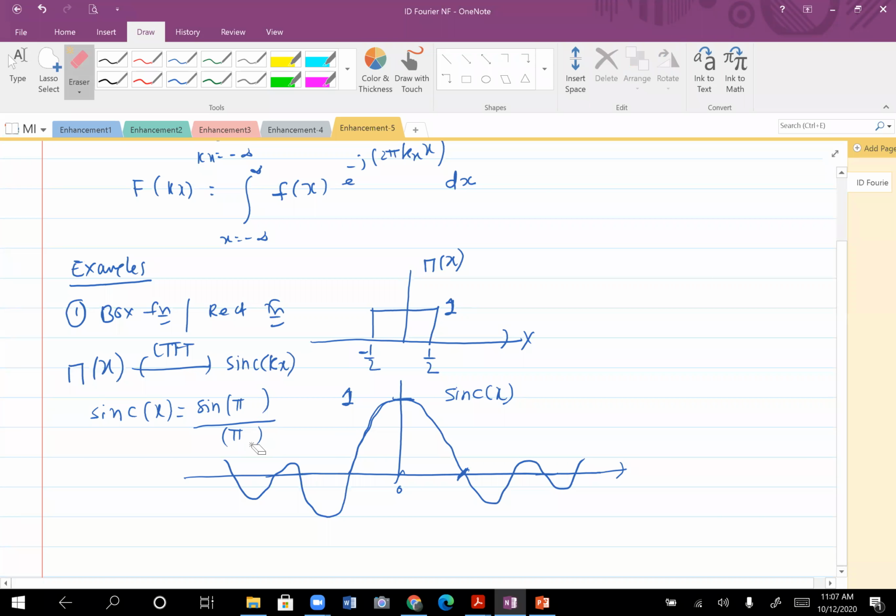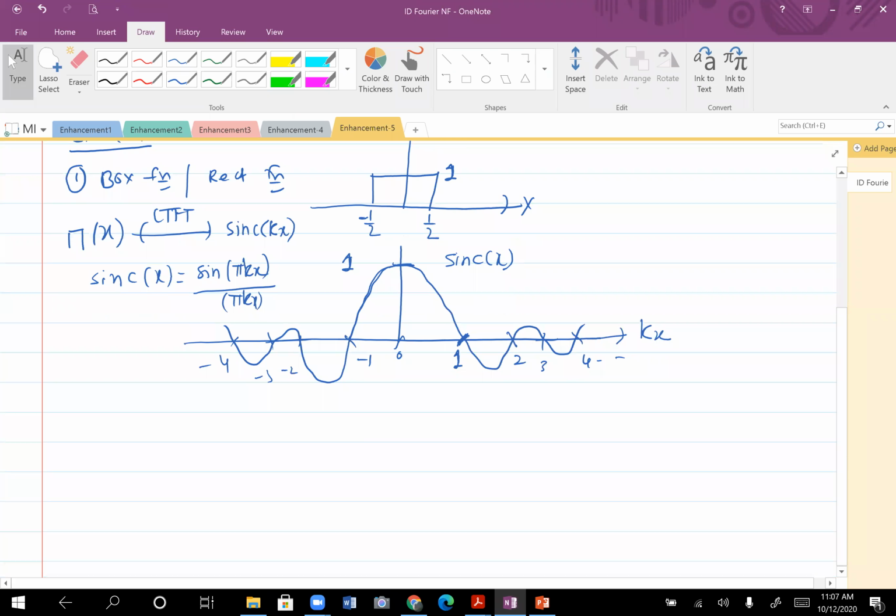So let me do the same thing here. Sinc of pi times kx by pi times kx. So this value at this point is 1. For all integers, it would become 0, and so on. It should be symmetric, although it is not symmetric in the way I have drawn, but it should ideally be symmetric, right?